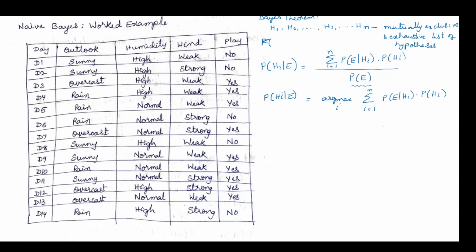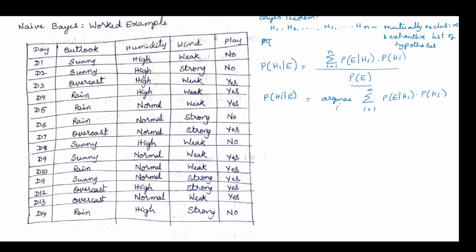I hope I'm clear to you. So whichever i maximizes the value on the right hand side, the same Hi is supposed to be true. The remaining Hi's are all assumed automatically to be false.